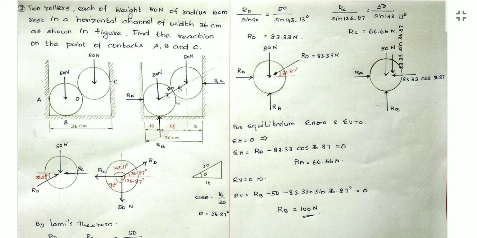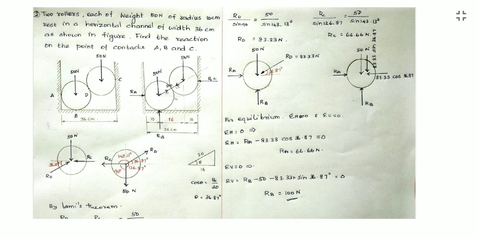Then at the point D, RD we already found from the upper roller. The same value will be acting, but in the opposite direction. The top roller gives a weight sharing, that is RD, which is also a reaction for the lower roller. So here also we have 4 forces. Then how to solve this problem?